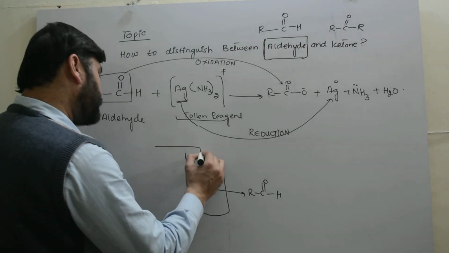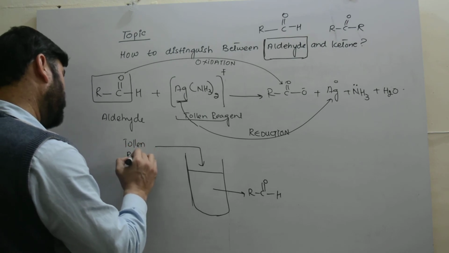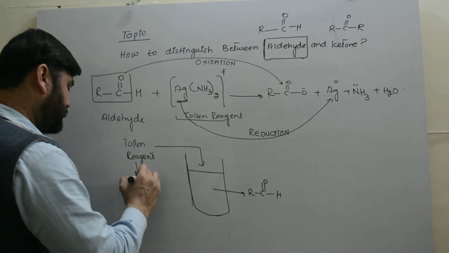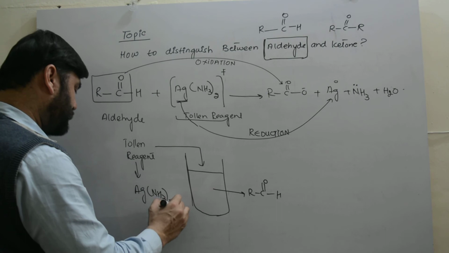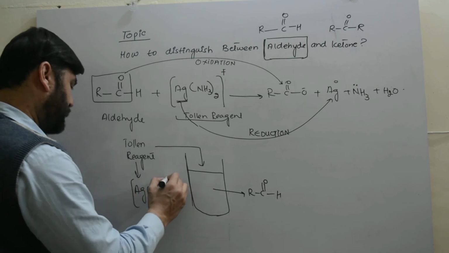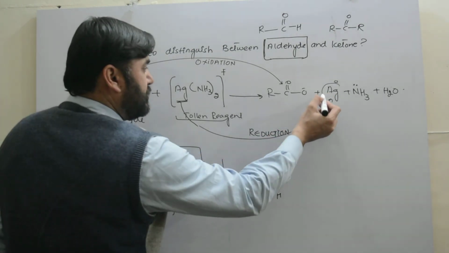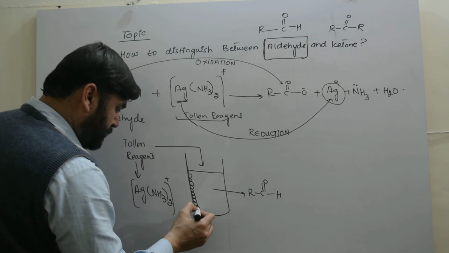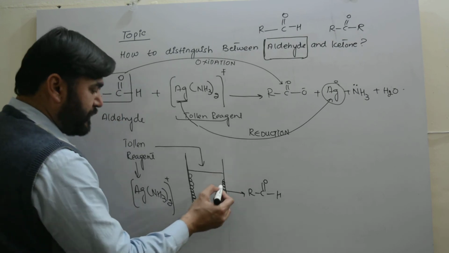When we add Tollen's reagent, Ag(NH3) whole twice plus, the silver will form on the inner surface of the beaker.